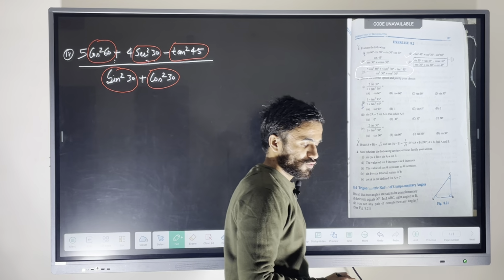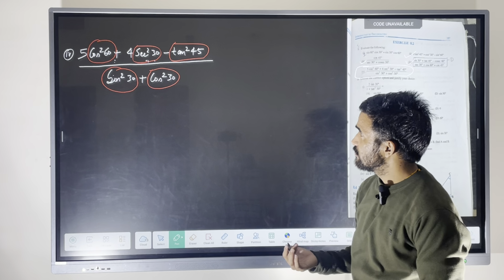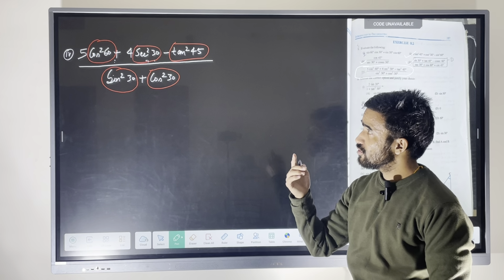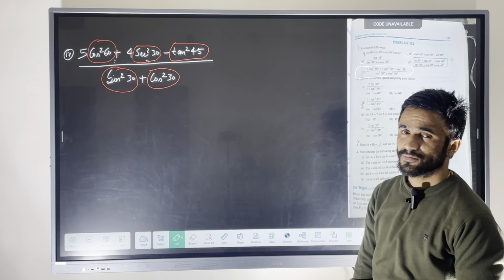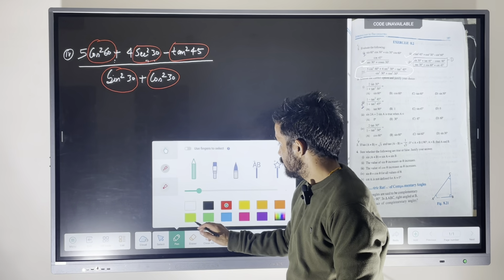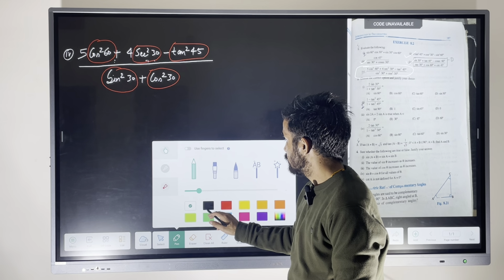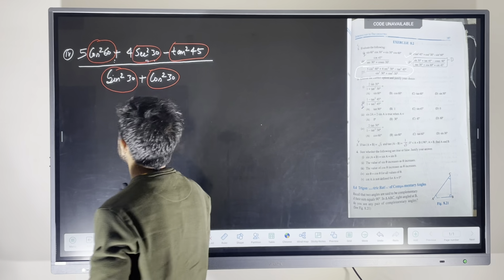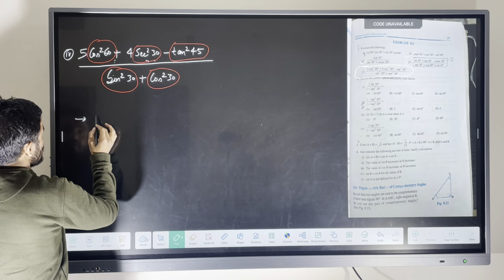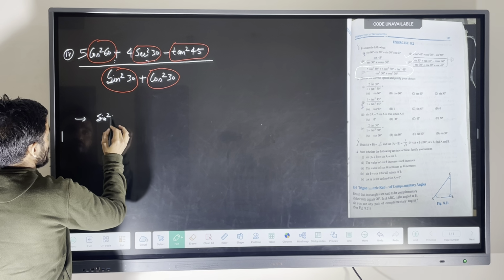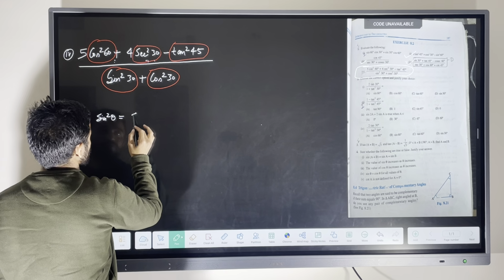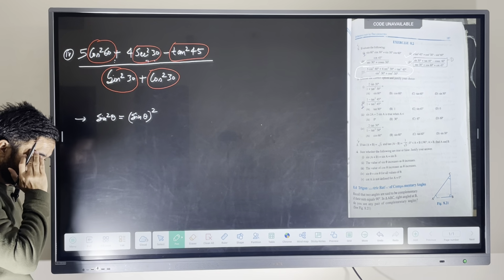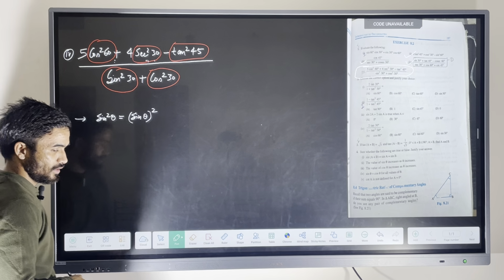Okay, but we have values of only tan 45, sec 45, sin 30, cos 30, cos 60, but we don't have the value of cos square 60. What is this cos square 60? Now if we see this, sine square theta is equal to sine theta whole square.